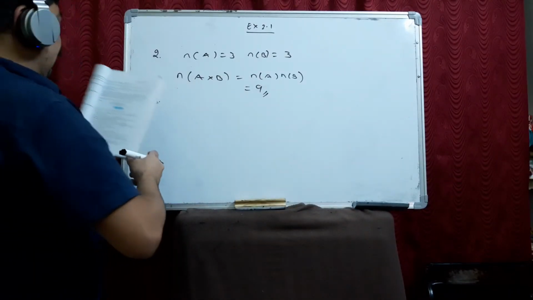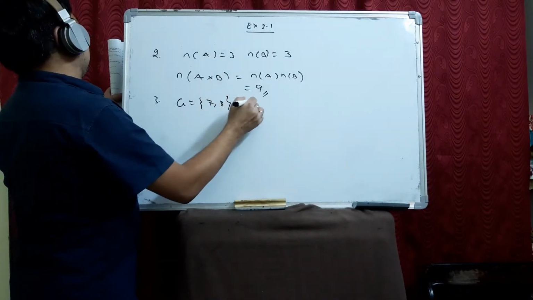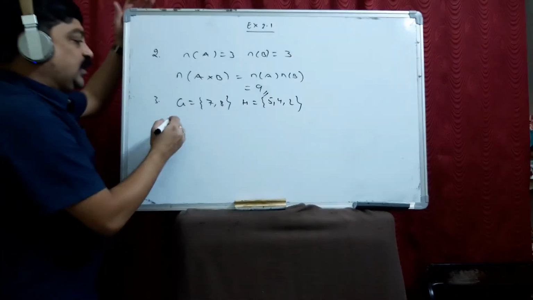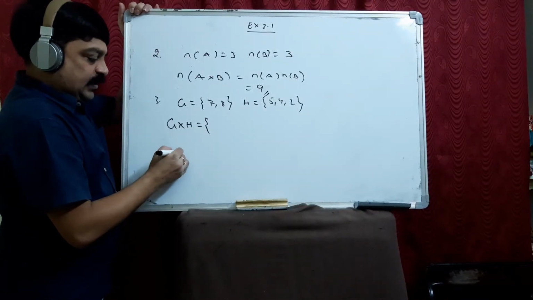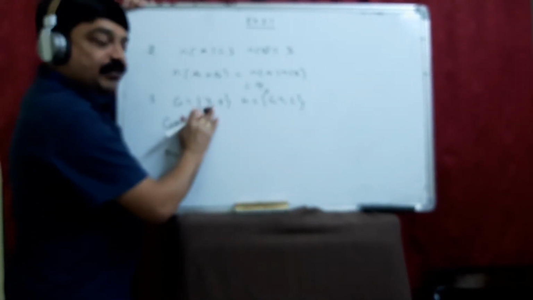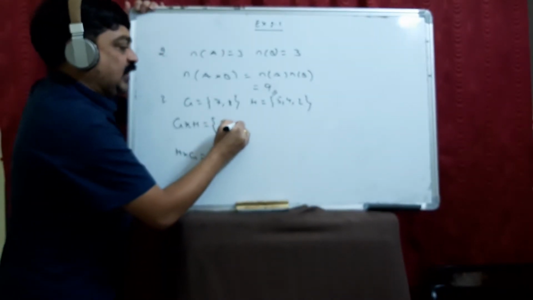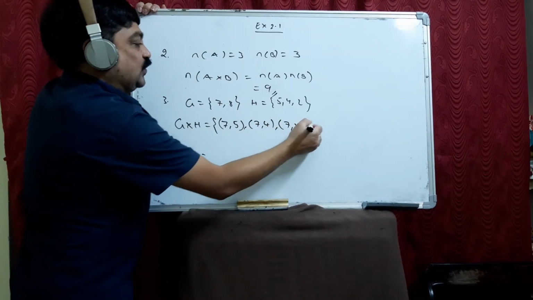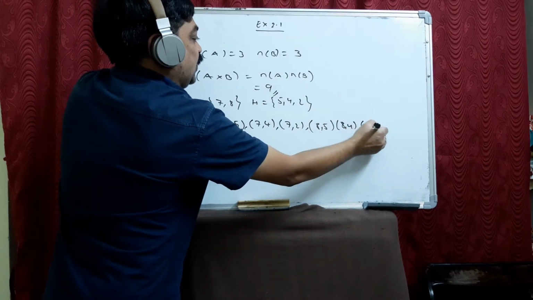Okay. Next, third question. If G is equal to {7, 8} and H is given as {5, 4, 2}, you are asked to find G cross H and also H cross G. So in G cross H, every element of G should be mapped with every element of H: (7, 5), (7, 4), (7, 2), (8, 5), (8, 4), (8, 2).